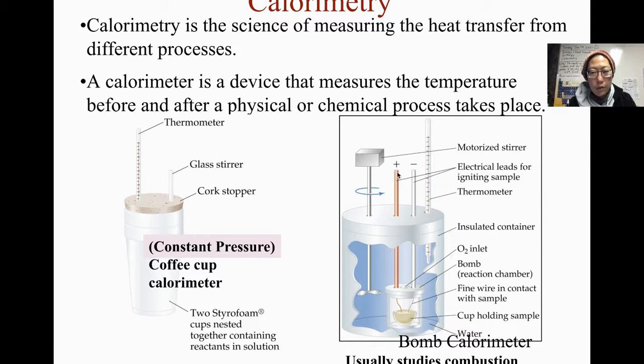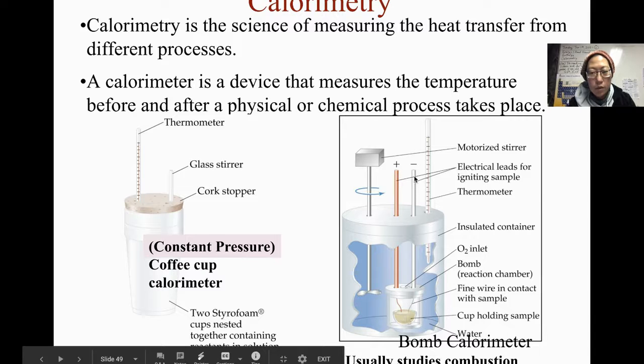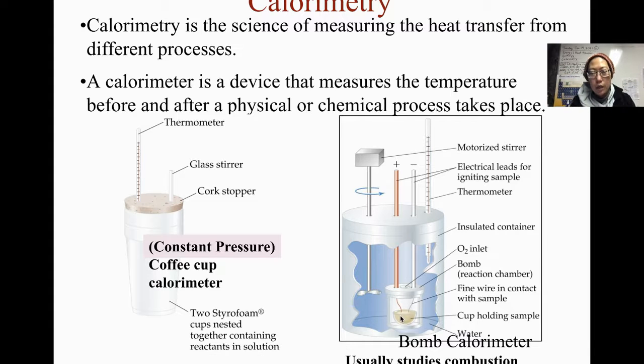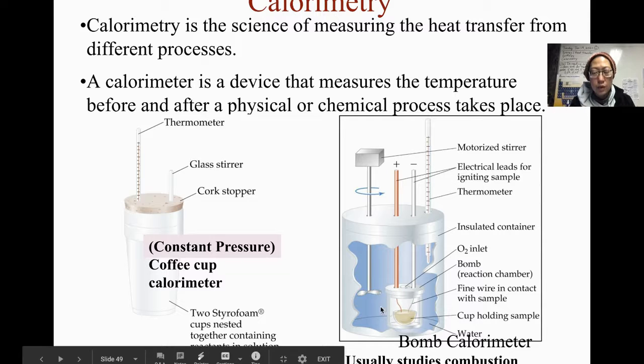Basically you ignite the sample by applying electricity to these wires, and then it combusts the sample. As the sample combusts, it gives off heat. So the sample releases heat as it combusts.